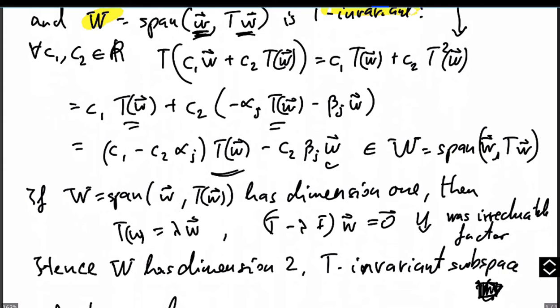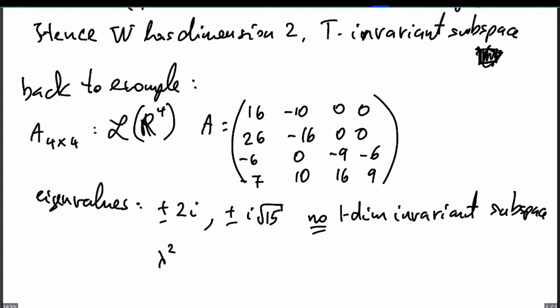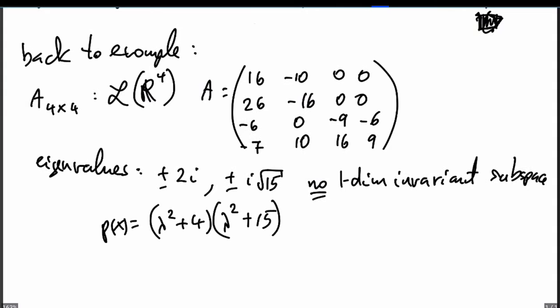So the quadratic factors that gave us the eigenvalues were lambda squared plus 4 and lambda squared plus 15. So that means that if we substitute the matrix and we apply it to a vector v, we should be able to solve it, one of them, for the homogeneous equation.